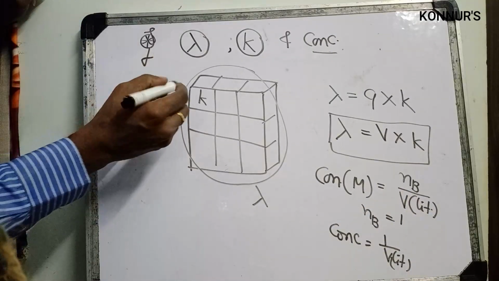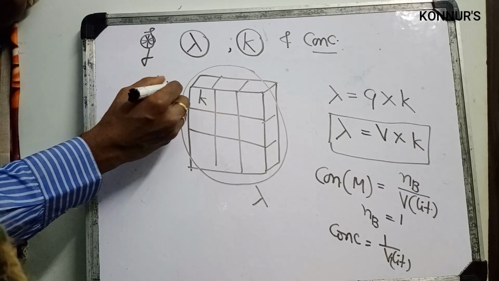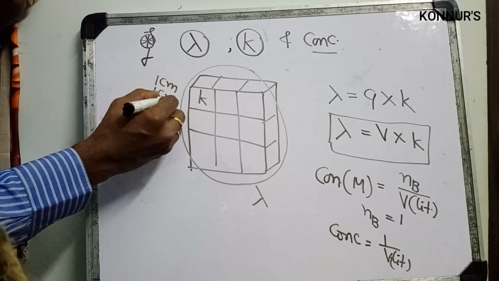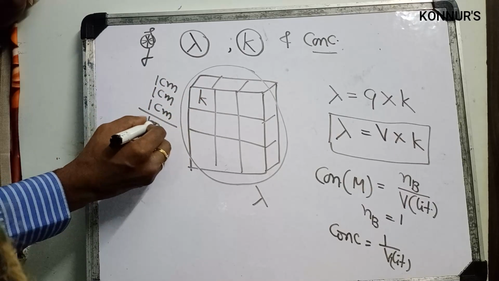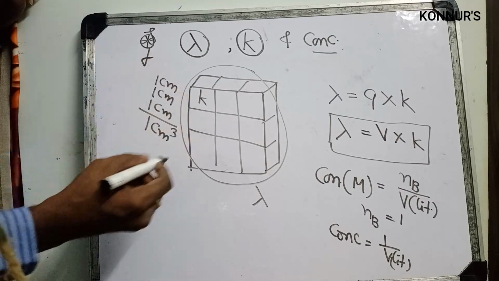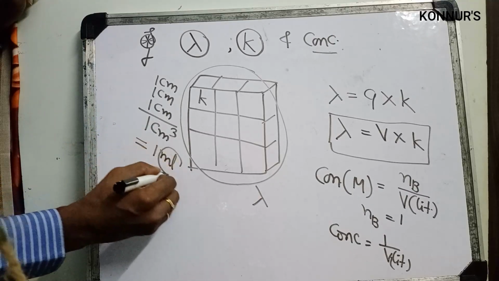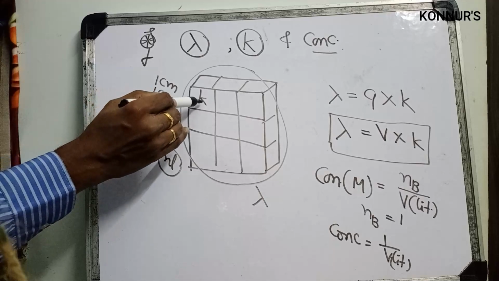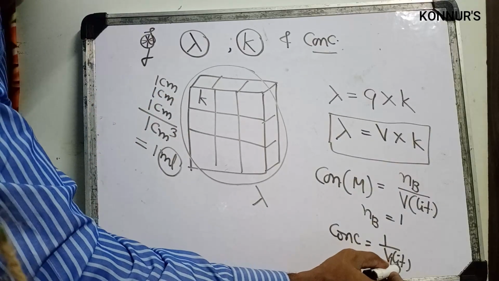Here, 1 centimeter along the x-axis, 1 centimeter along the y-axis, 1 centimeter along the z-axis gives 1 cubic centimeter, which is nothing but 1 ml. So the K value is available per milliliter, while our concentration is in liters.